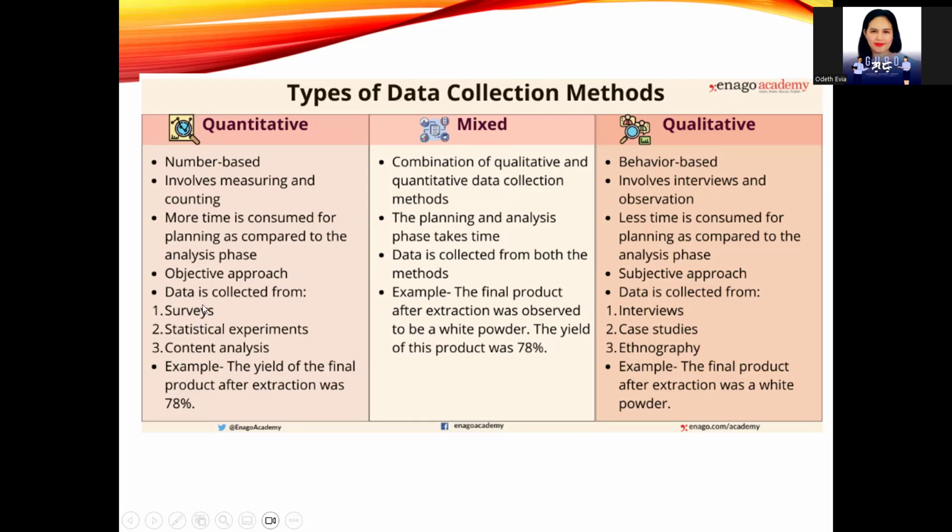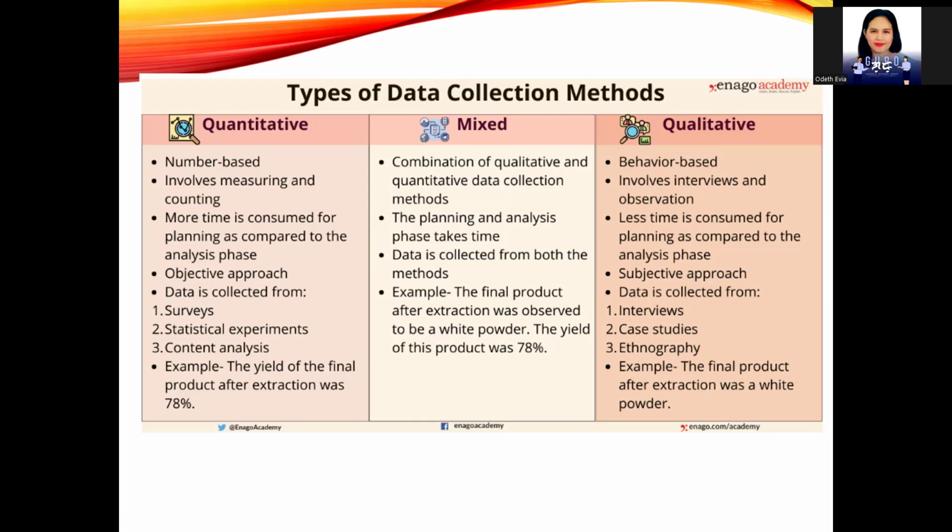Usually, the surveys follow the Likert scale, which has a 5, 4, 3, 2, 1 scale, corresponding from significantly agree or outstanding to the lowest.